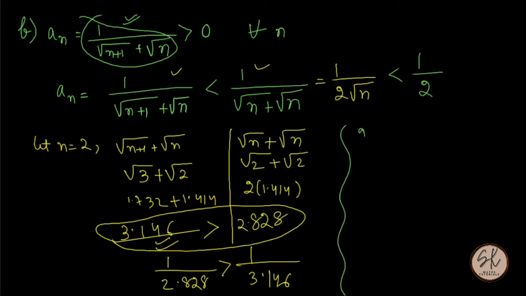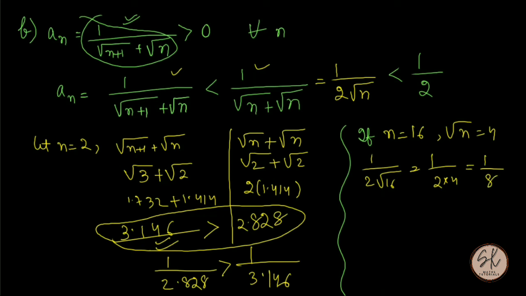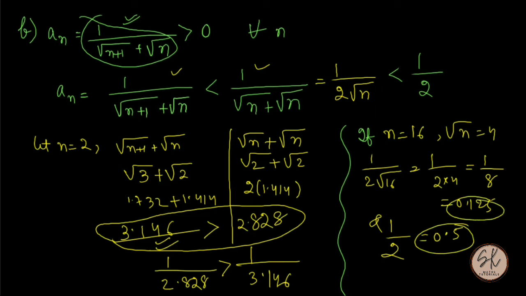If n is equal to 16, then √n is 4, so 1/(2√16) is 1/(2×4), which is 1/8, with a value of 0.125, and the value of 1/2 is 0.5. So we got the upper bound as 1/2. So the upper bound of the sequence a_n is 1/2 and the lower bound is 0.